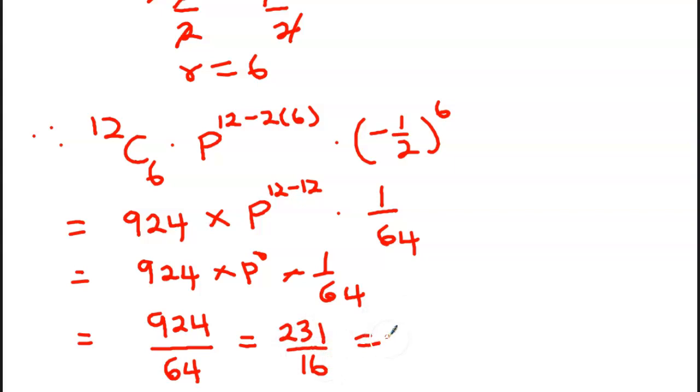And if you want to go further, then it will be 16 into 231, 14 whole number, 7 on 16. That is the answer. So a term which is independent of p is 14 whole number 7 on 16, or 231 on 16.